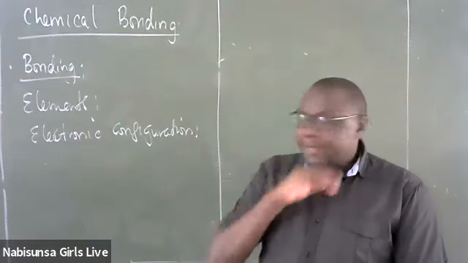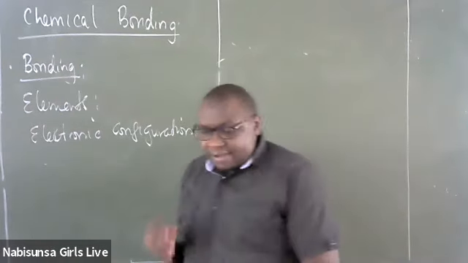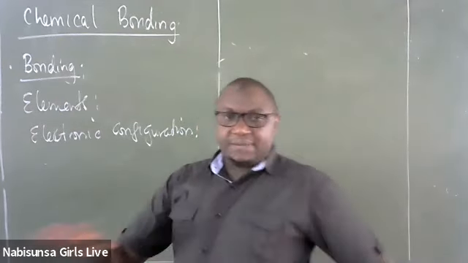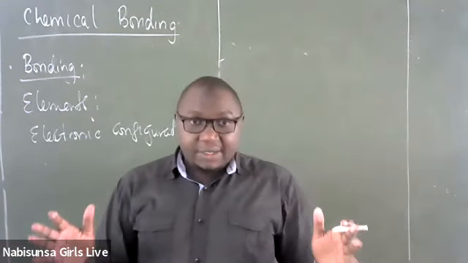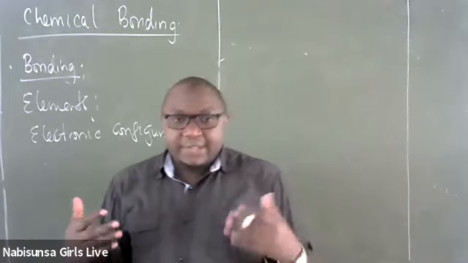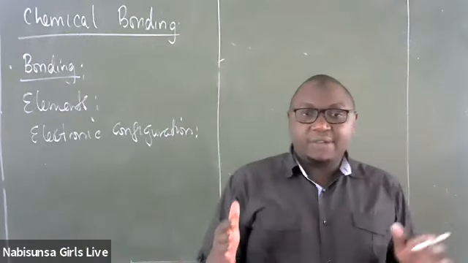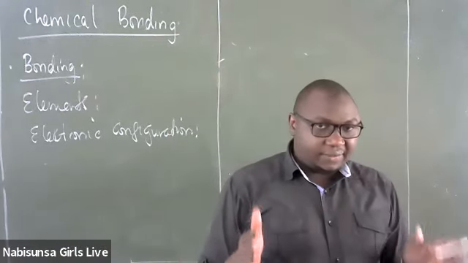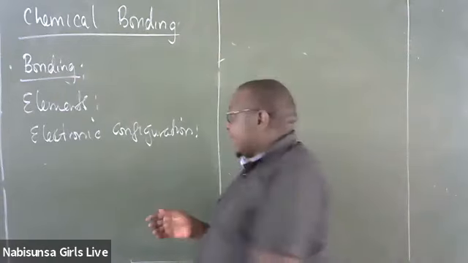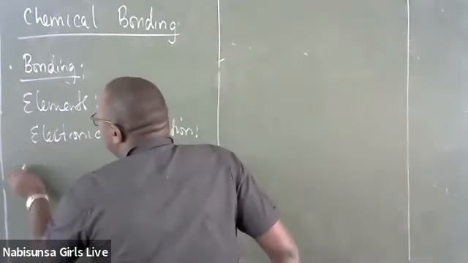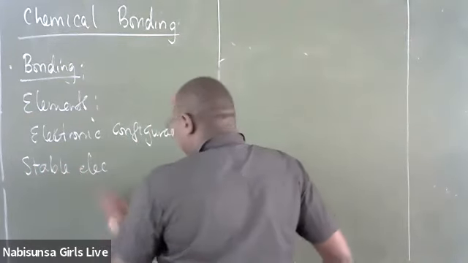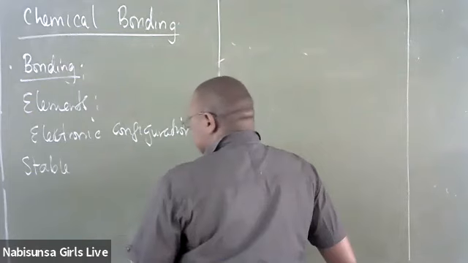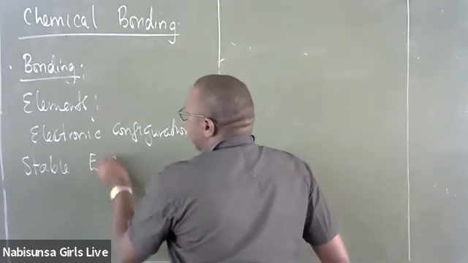So whenever you keep on putting electrons onto the different levels of a given atom, we say that these elements are quite so ambitious. They always aim to have their levels fully filled, or to attain what they call a stable electronic configuration. Allow me to use EC to represent electronic configuration.